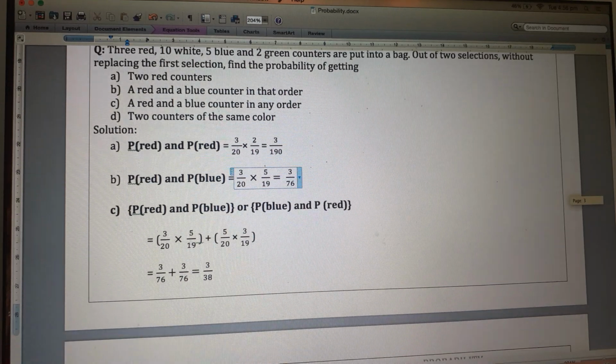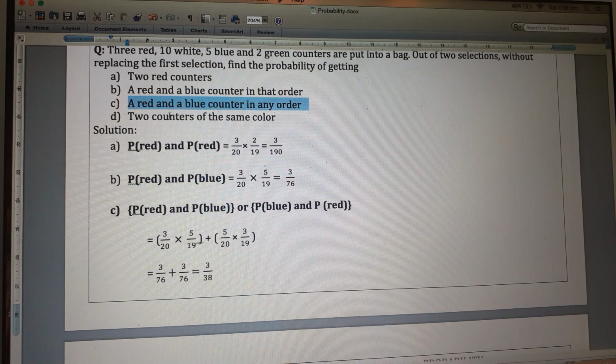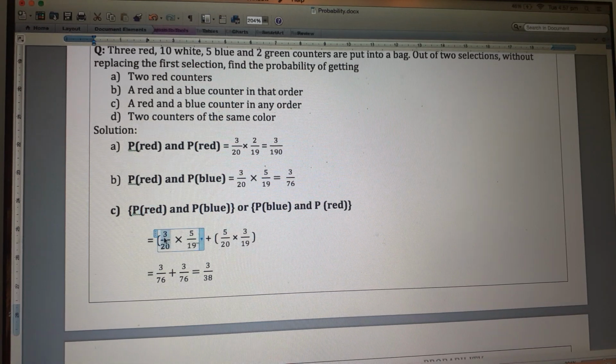Similarly, I am going to choose a red counter and a blue counter in any order. It means either we have a red counter first and then blue, or we have a blue counter first and then a red counter. So if we have a red counter first, then red are 3 and total are 20, and this is the first selection.